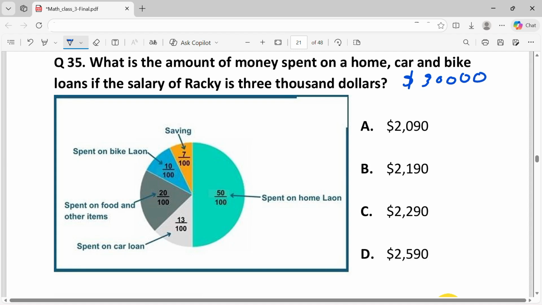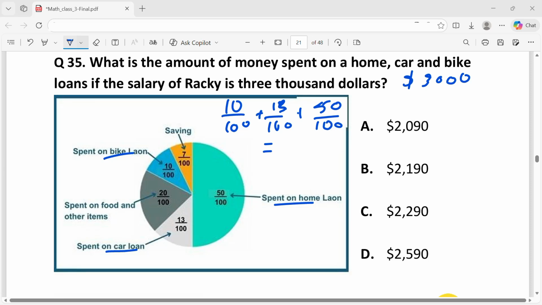So, the amount spent on loans will be the total of fraction of home loan, car loan, and bike loan, that is 10 by 100 plus 13 by 100 plus 50 by 100, which is equal to 73 by 100.